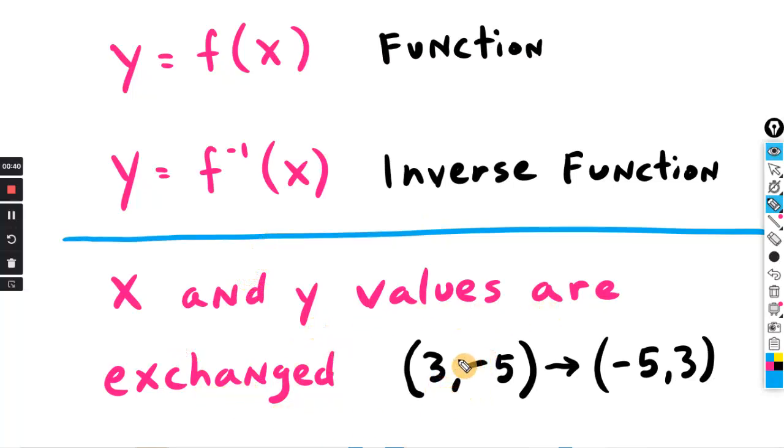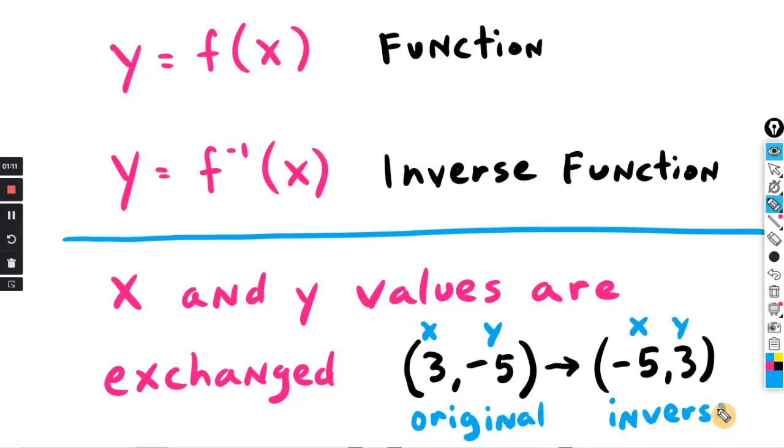So if the original function has a point at x equals 3 and y equals -5, the inverse function will be reversed, and the y value becomes the x value, and the x value becomes the y value. So this one here would be the original, okay? And this one here would be the inverse.